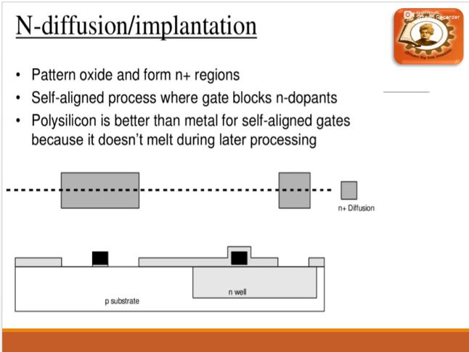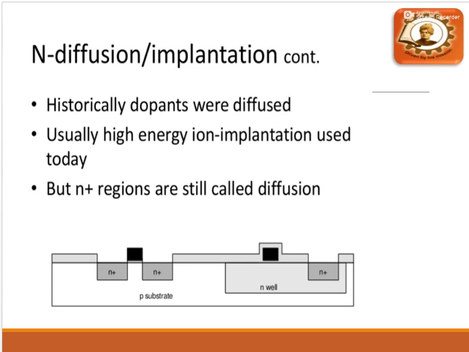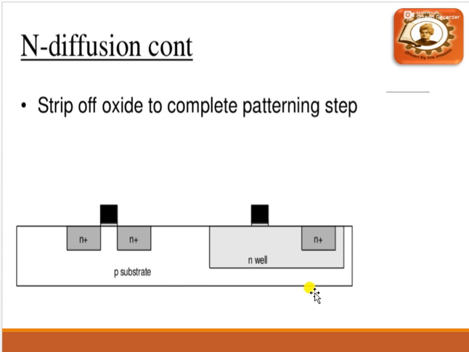With this pattern transformation, within this window we can use an ion implantation method. So N plus regions are formed for source and drain. This is shown in the figure. Then after pattern transformation we strip off our oxide layer, and we get our full pattern transferred on the P substrate as well as on our N tub. This is shown in the figure.